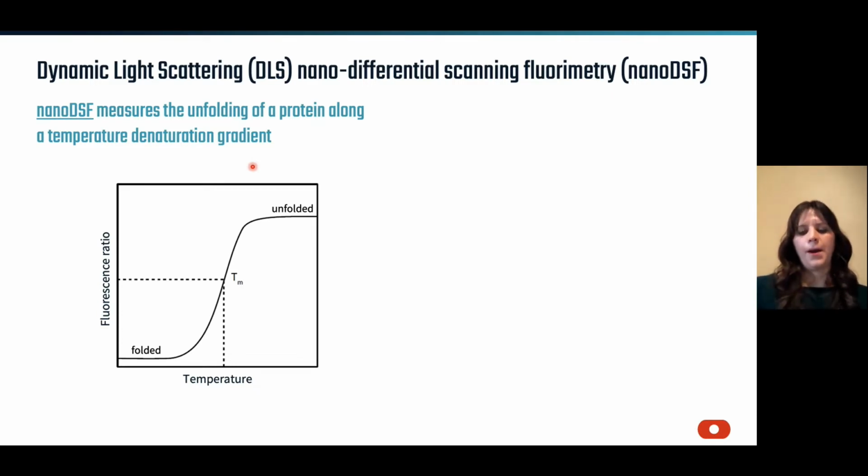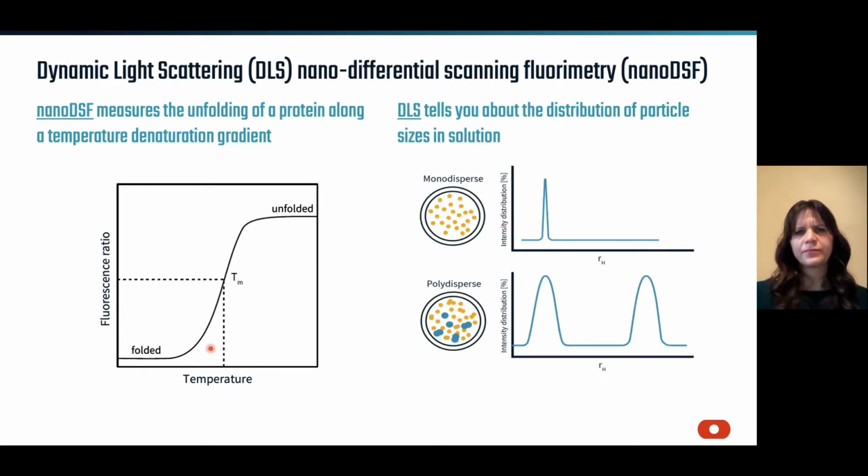The absorbance behavior of your protein is going to change based on whether it is folded in or unfolded and exposed to solution. And what we can do is monitor very closely the two different wavelengths necessary to determine the unfolding of your protein without the use of extrinsic dyes.